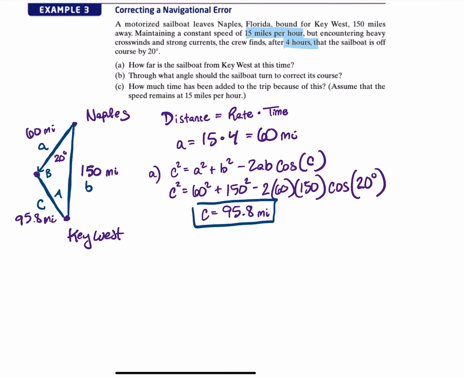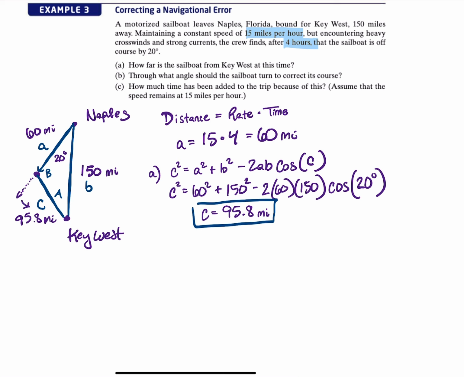So now it asks us, through what angle should the sailboat turn to correct its course? It's kind of a tricky question. It's not necessarily asking for angle B, although that's what we can find using the law of cosines. Because keep in mind, we're on this boat, and it's continuing on this path. So we want to turn in the direction of Key West.